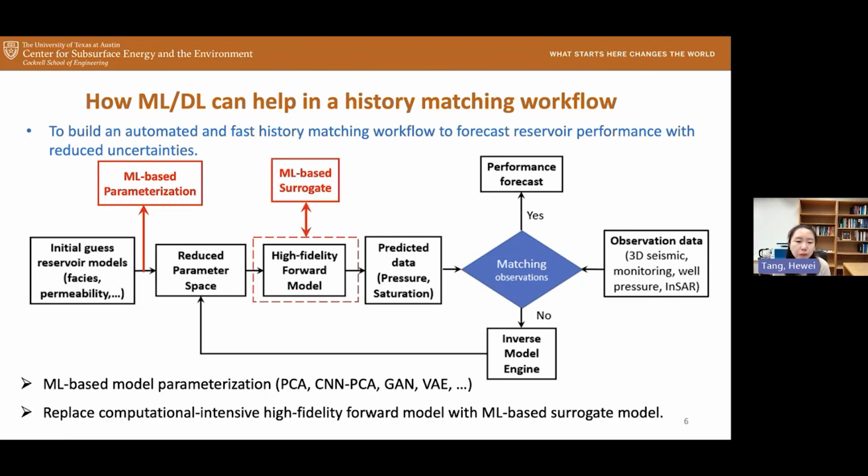If we can build a machine learning based surrogate model for the high fidelity forward model, then it will dramatically increase the computational efficiency of this workflow. Building machine learning based surrogates for this kind of PDE solver has been a really hot research topic in the machine learning field, called scientific machine learning. And we will dive into it further.